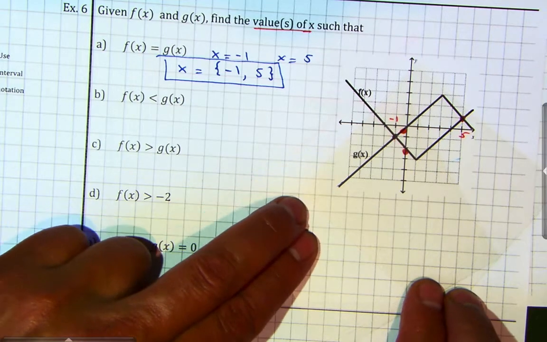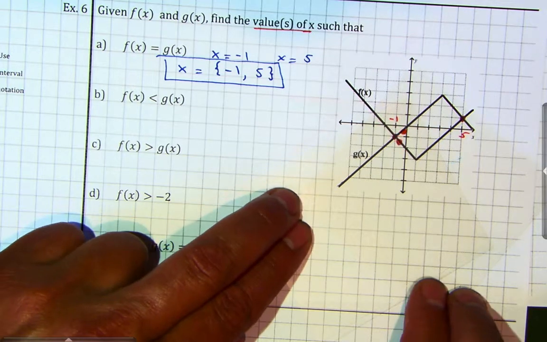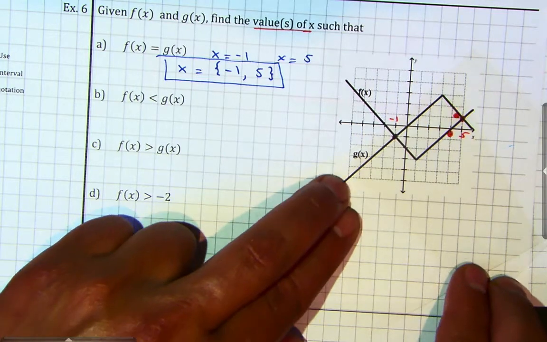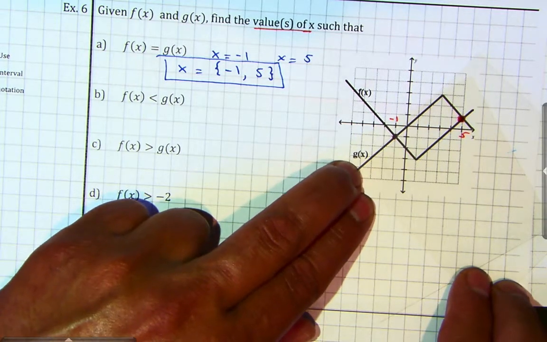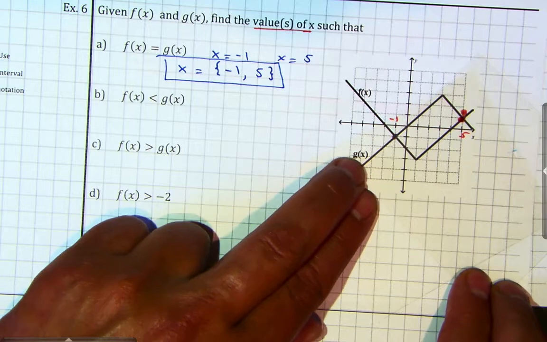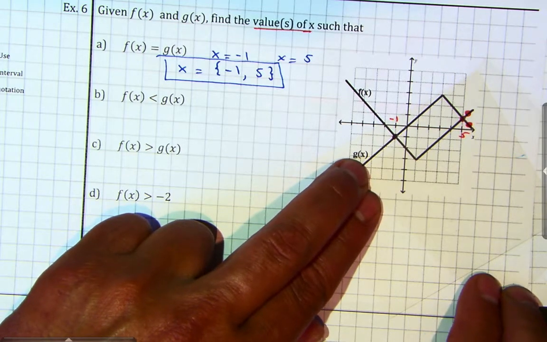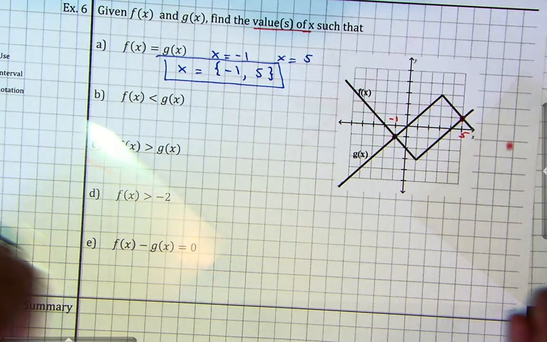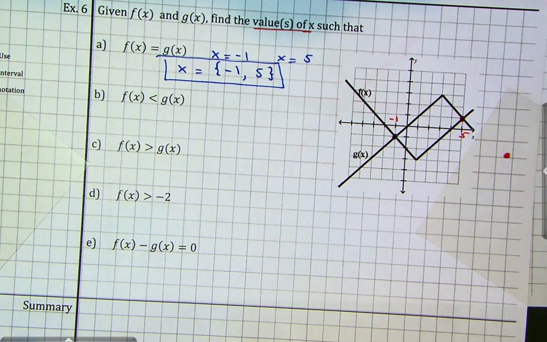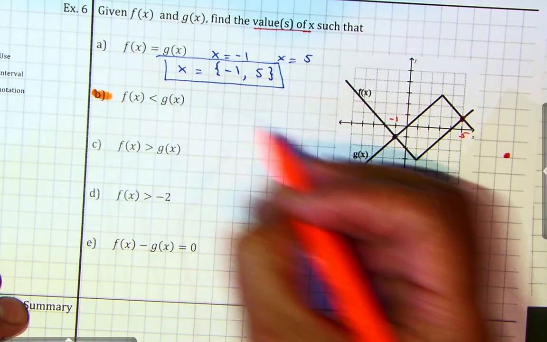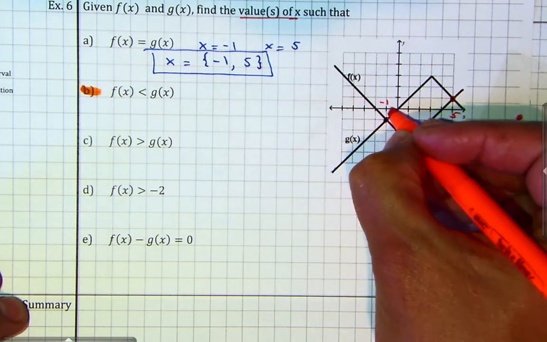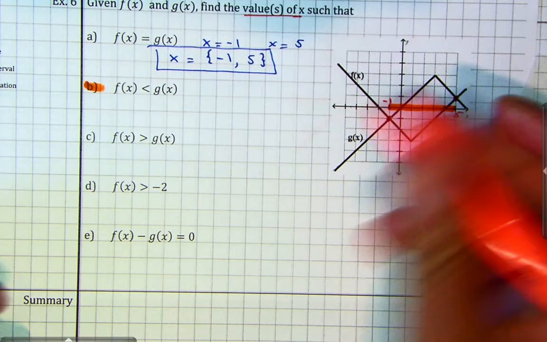So it's going to be from -1 all the way up to 5. Once you get further than 5, f of x becomes bigger again and g of x becomes smaller, and you want f of x to be smaller. So for letter B, it will be from -1 all the way up to 5.